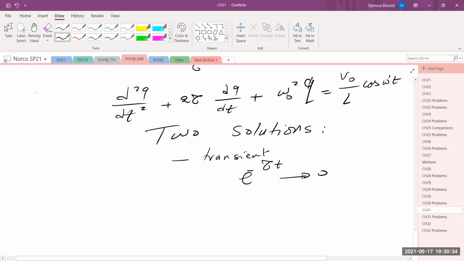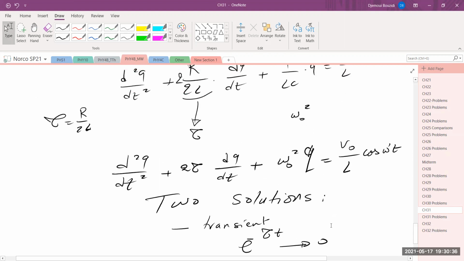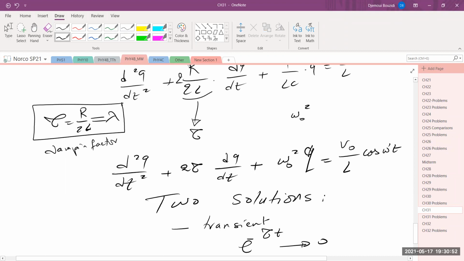Sometimes you will find it in the expressions, and I think I made a mistake. We were choosing this tau, but in other literature and a lot of places lambda is used for it. So if you see lambda or you see me referring to it as lambda, it's the damping factor. It is proportional to the resistance. The more resistance you have, the more damping you will have.